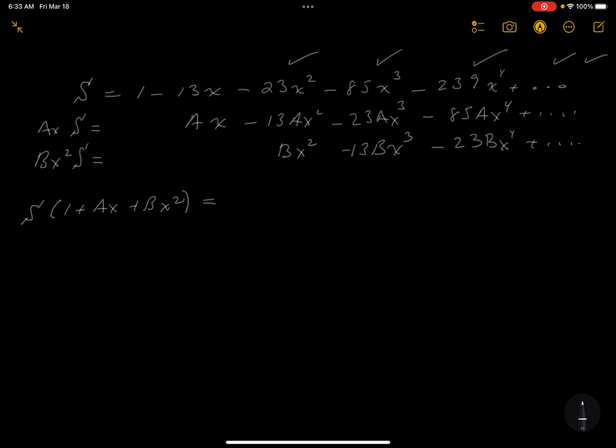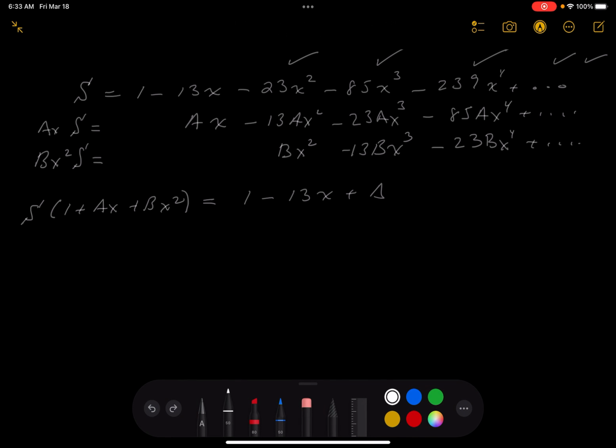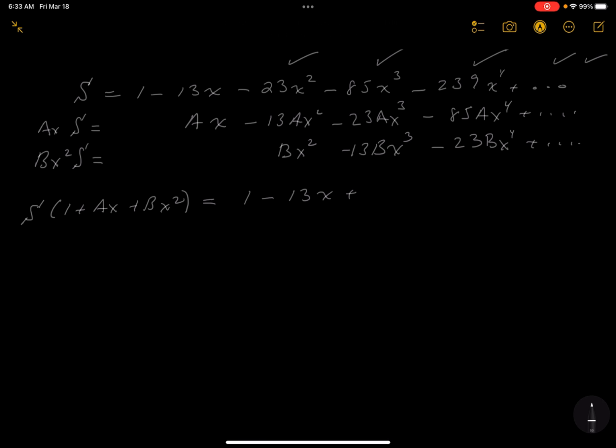Right, so really what I'm looking for over here is hopefully I'll get something that looks like this: 1 minus 13x plus ax. Let me get my eraser out again. I don't know what a is, I don't know what b is. But what I've got to do now is concentrate on getting that square to disappear.